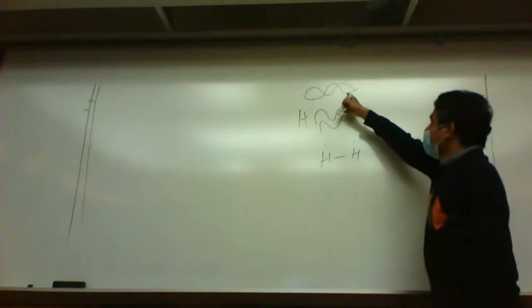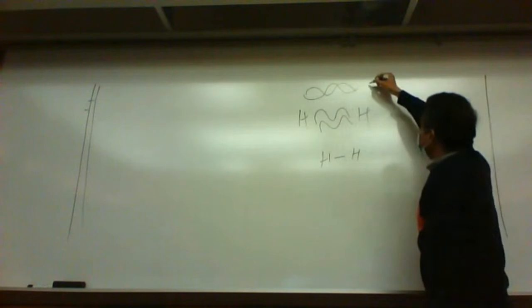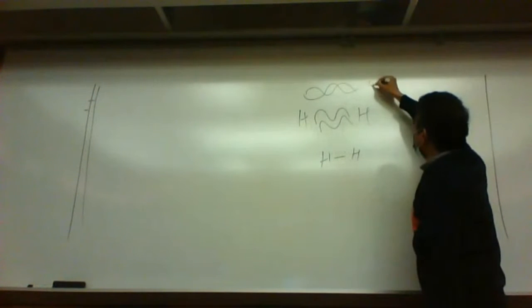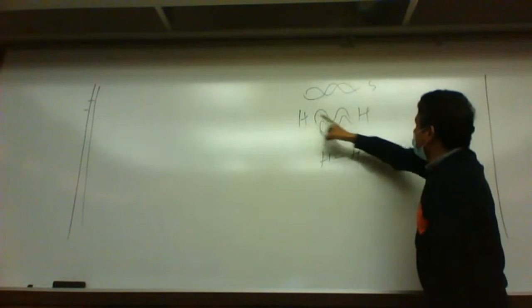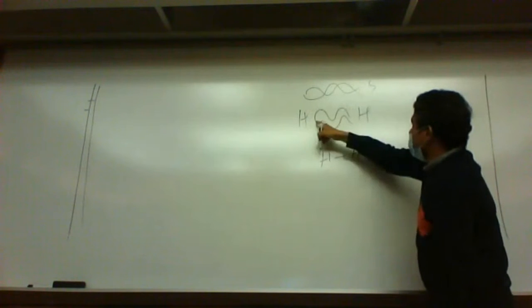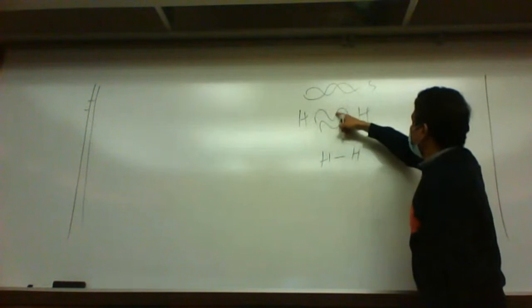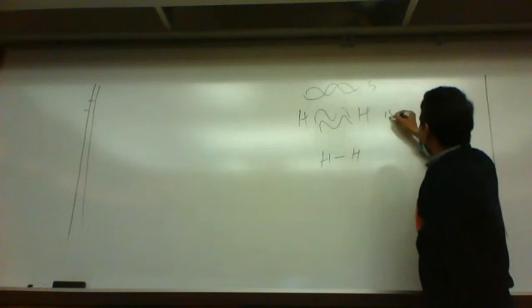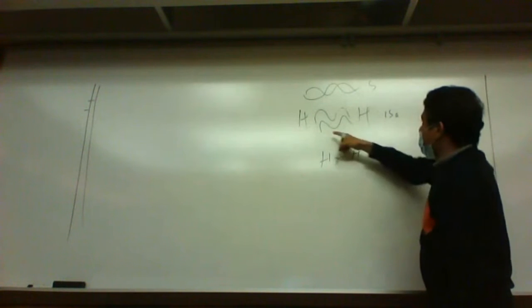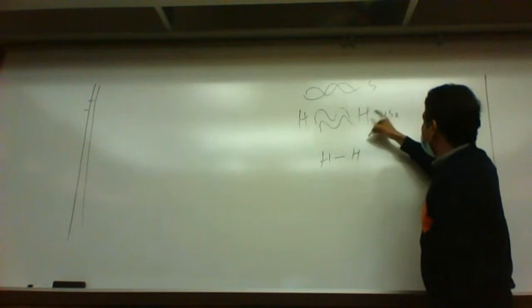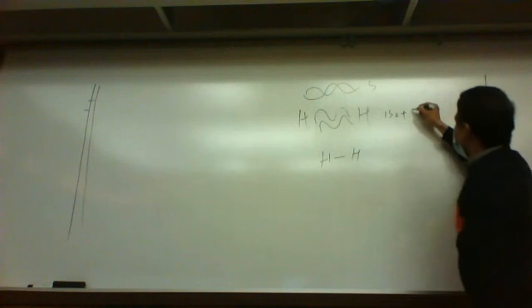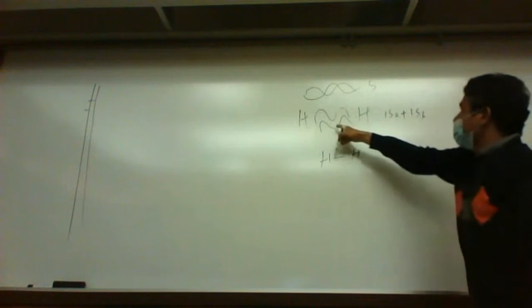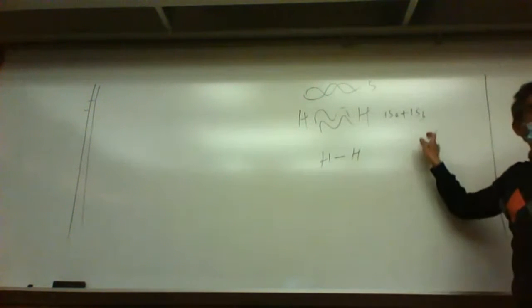So if you want to represent this, it is like this. This is the s orbital of this hydrogen, and the s orbital of this hydrogen is this one. So that is one we call 1sA, this electron is from this hydrogen, and that is 1sB. So these two electrons are represented this way.